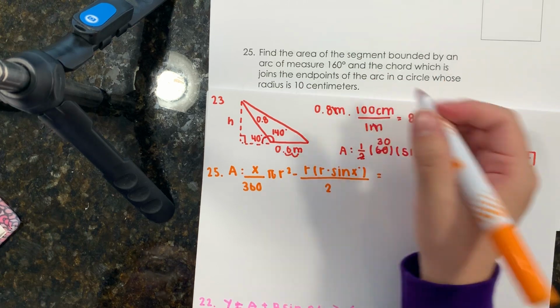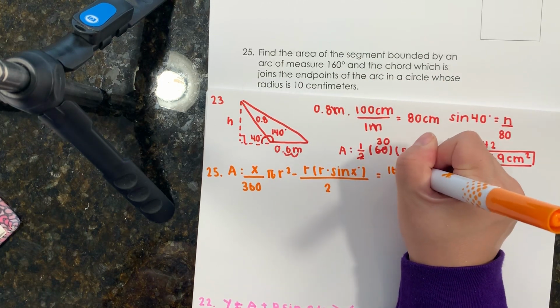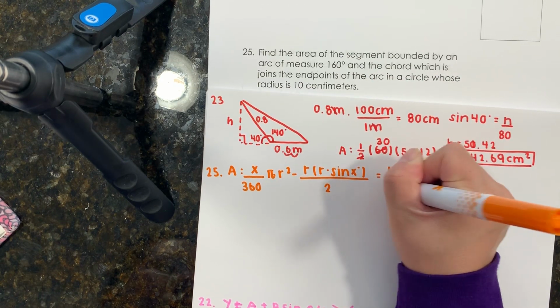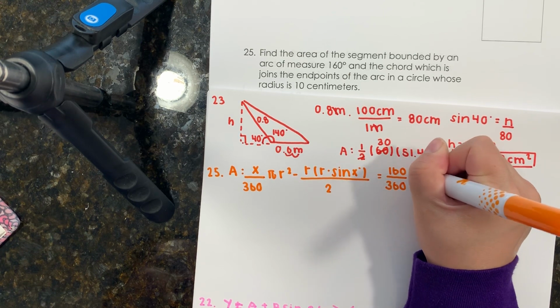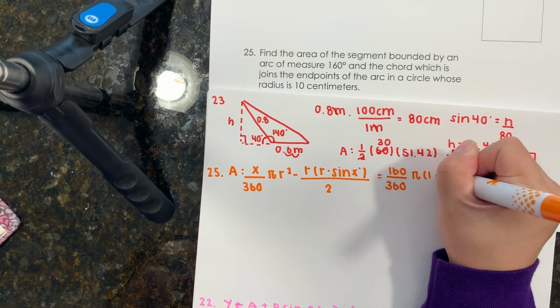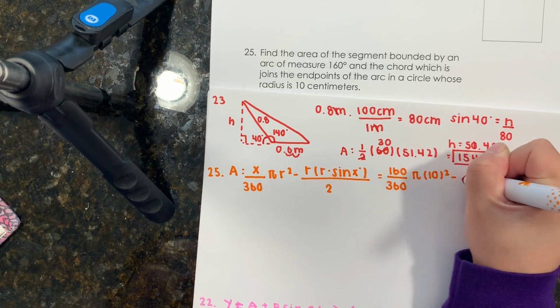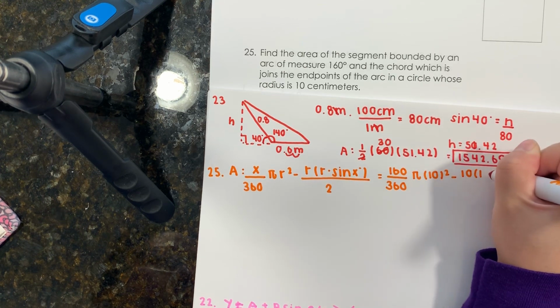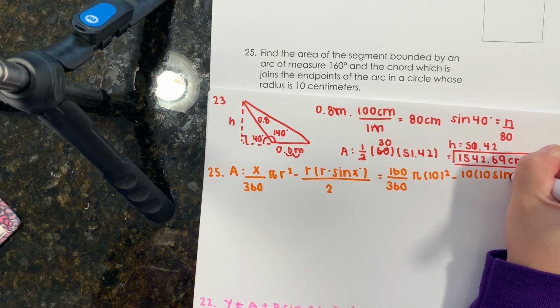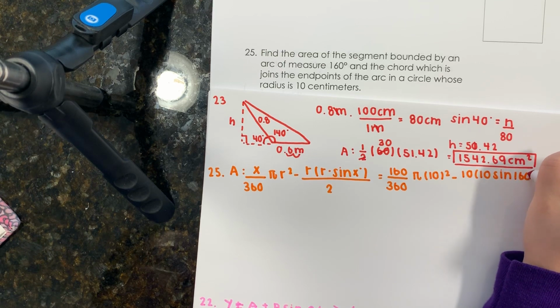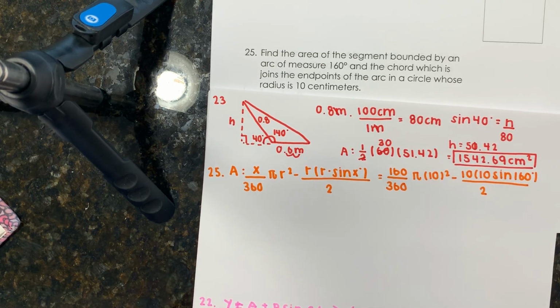Now the x degrees they give us is 160 over 360 times pi times 10 squared minus 10 times 10 sine of 160 divided by 2. So basically, now that I know the formula, I'm just going to use my calculator to evaluate.